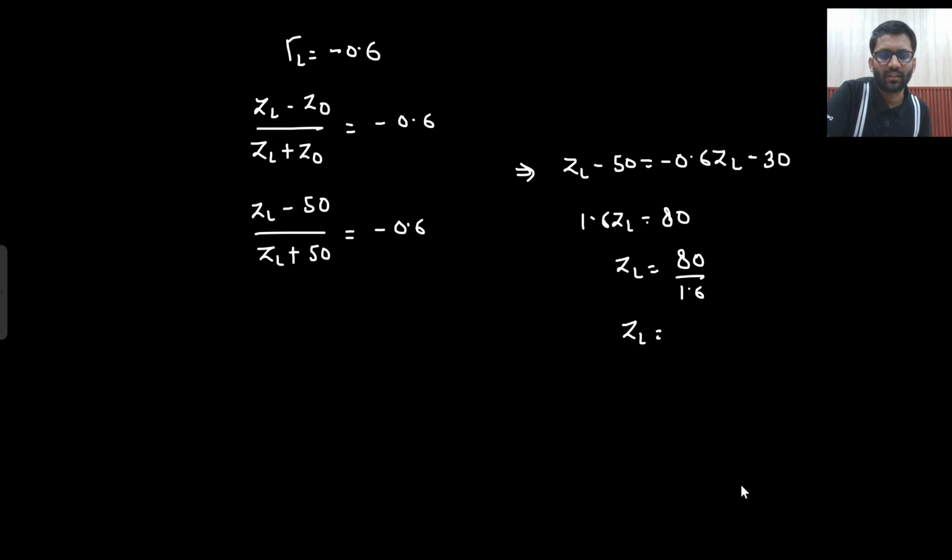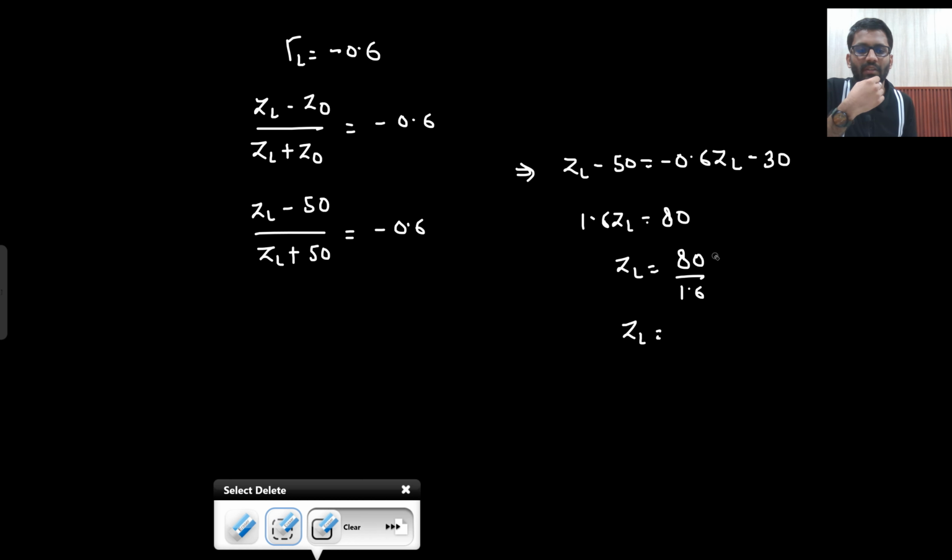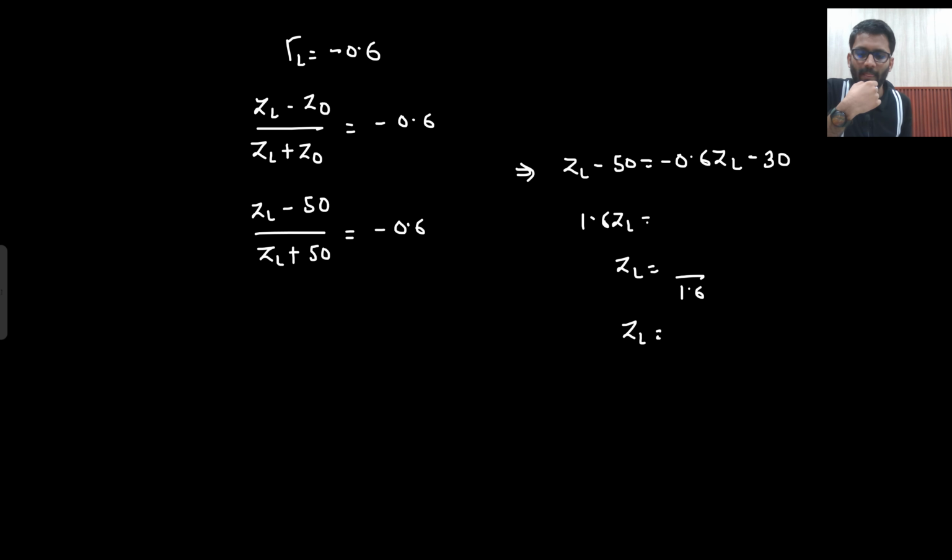Some calculation error was there, it is 20 by 1.6. Yeah, that's what I was thinking. 20 by 1.6, what are you getting? 12.5 only, right?